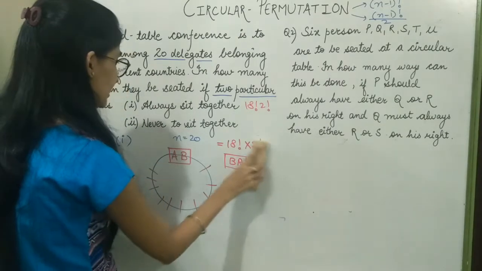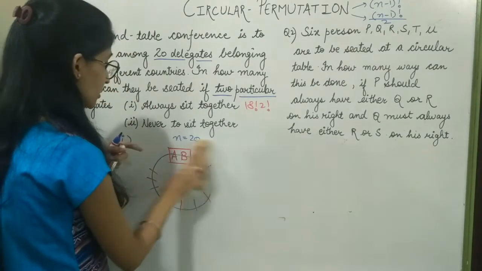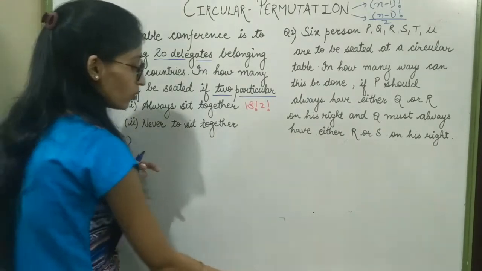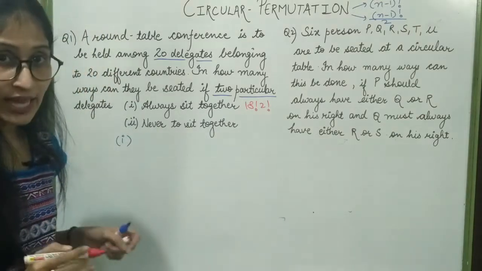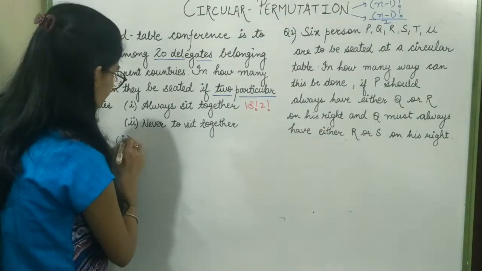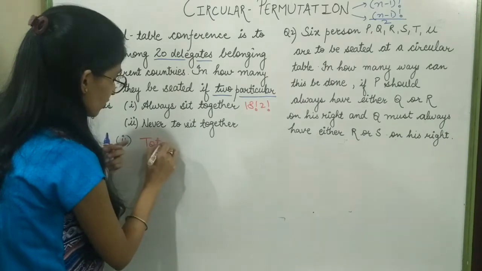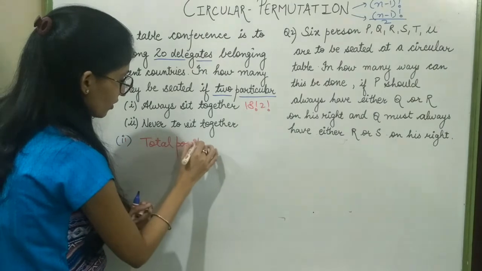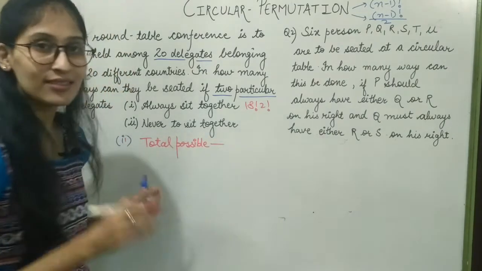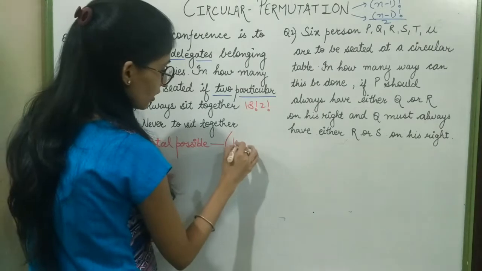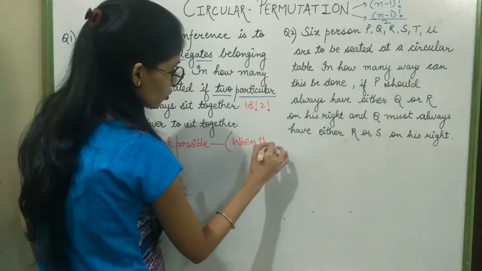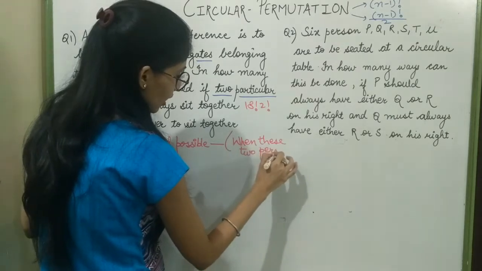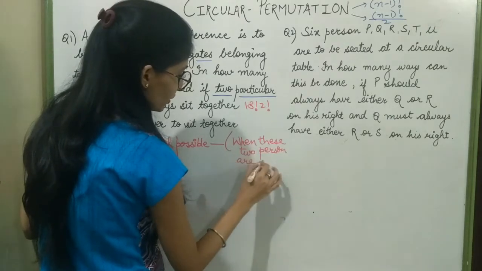In the second case, these two persons are never to be seated together. Now, never to be seated together, can I write it as total possible sitting arrangements minus the cases when these two persons are together?